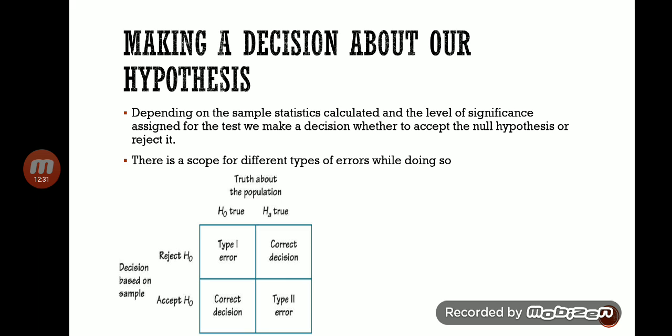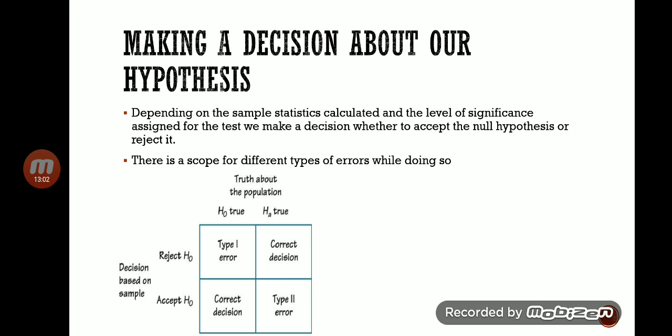So while performing these kinds of statistical tests, there can be a few errors which can occur. So if we reject our null hypothesis, but the actual fact was that the null hypothesis was true on the whole set of population, then that error is known as type 1 error.